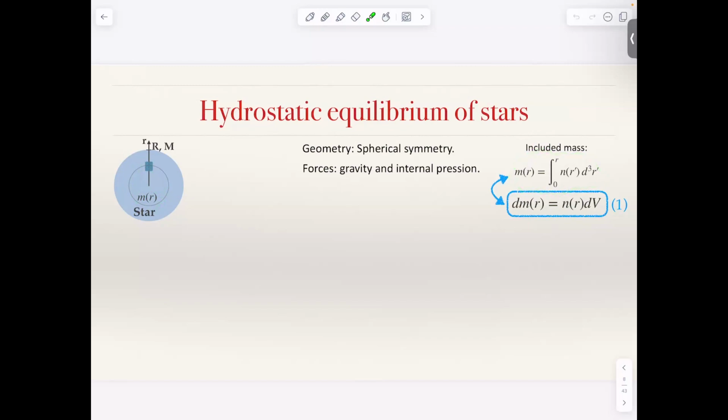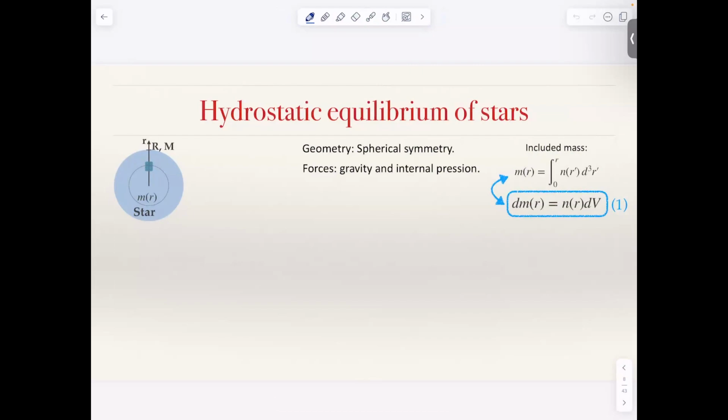Yes, it's a mass density, so if I want to be consistent with my notation, it should be a rho. Yes, exactly, sorry about that.